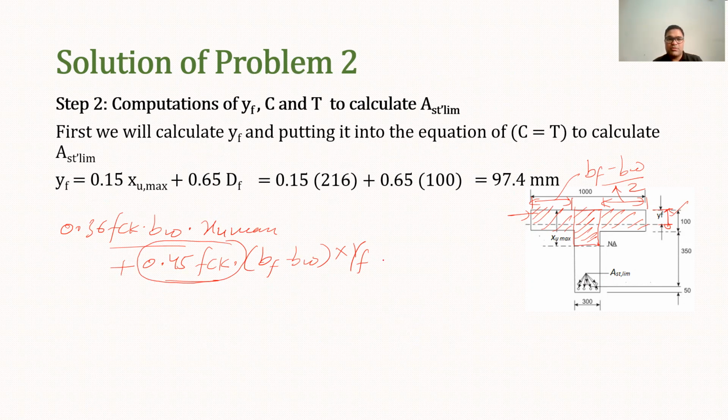So this becomes the value of C, which means the compression taken by the concrete area. This area is this one, and this area is this one and this one. That becomes the compressive force.